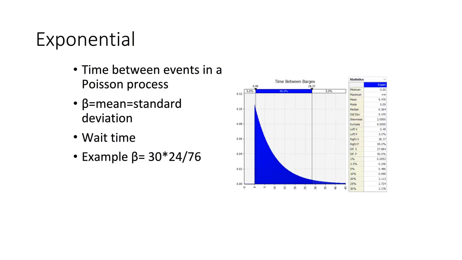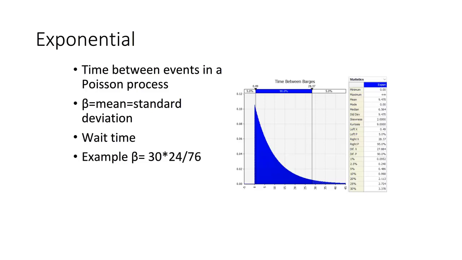It has one parameter, beta. Beta is the mean, but for the exponential, the mean and the standard deviation are identical. This is a great distribution to use for wait time. How long between patients in a doctor's office? How long do you have to wait? How long does a barge have to wait? Because it's used for wait time, it's a great distribution for queuing theory and things of that nature.